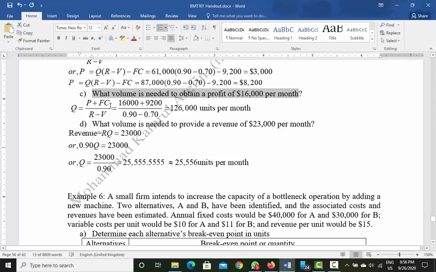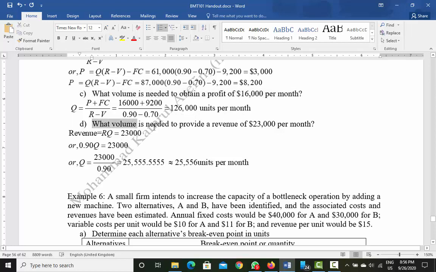We know from the question that fixed cost is 9,200, revenue per unit is 90 cents, that is $0.90, and variable cost per unit is 70 cents, that is $0.70. If you calculate, you will see 126,000 units per month. So if you want a profit of $16,000 per month, we need to produce and sell 126,000 units per month.